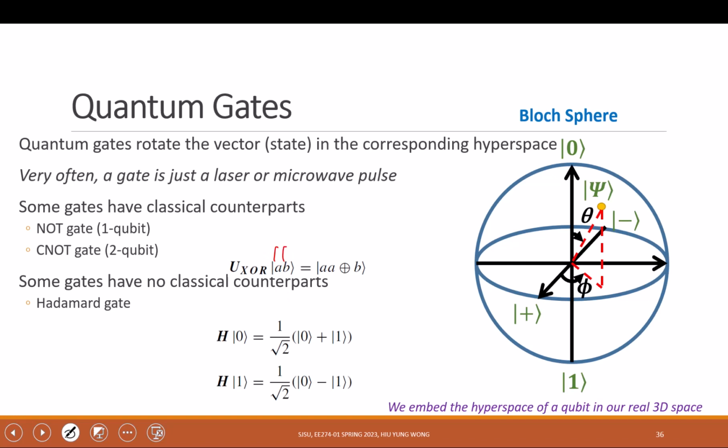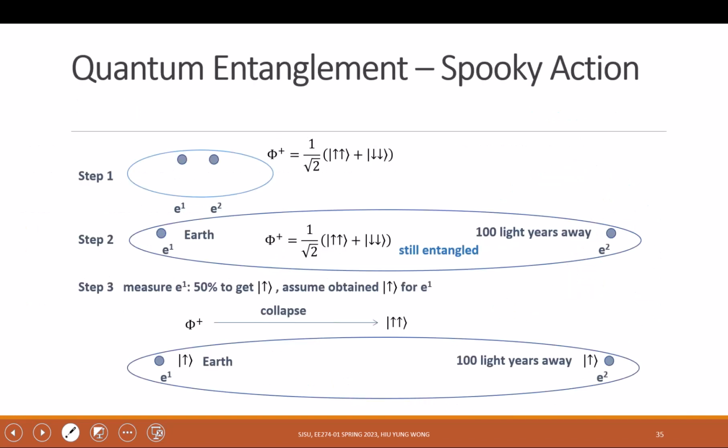When I apply an exclusive OR, it's going to change to 1, 0, because when the first qubit is 1, it's going to negate the basis state in the second qubit. So by doing this 2-qubit gate, which is sometimes called the entanglement gate, you will be able to form entanglement, which is very important, and that is how you speed up a lot of algorithms.